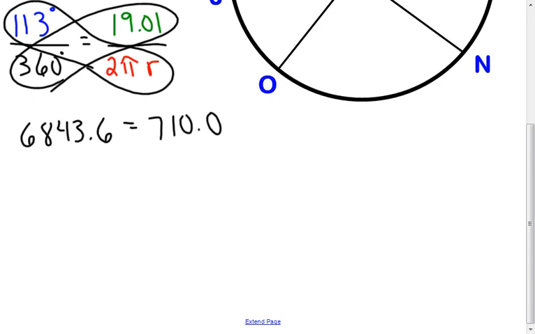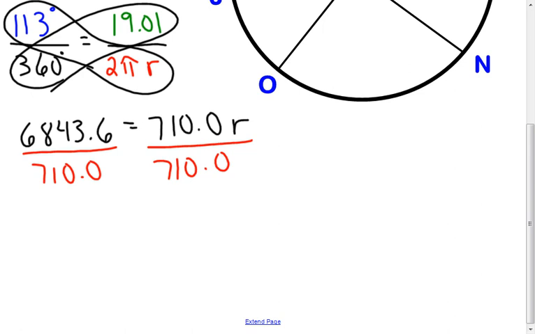And I use the pi button on my calculator and then r. Well, now I need to divide by 710.0, and I'm going to use the number that I still have in my calculator to do this. And I should have the value of my radius. I come up with a radius length, and this would be approximately 9.64. And then all I need to do is put the label on it.